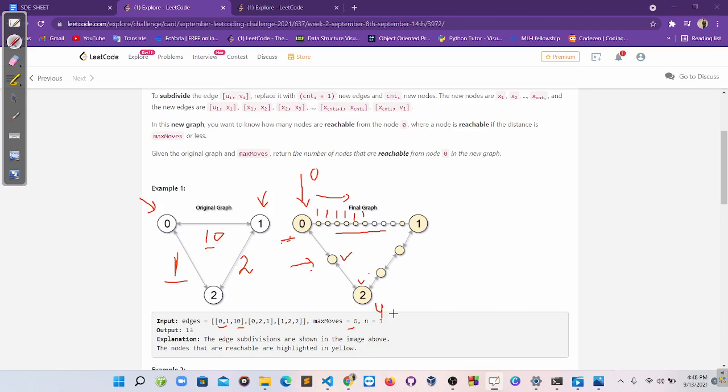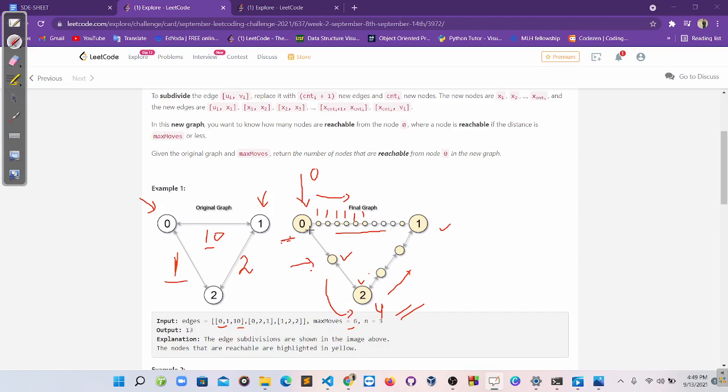It means whatever the remaining moves we have, we can also explore from that node if and only if we have some edges to explore. You can see from 2 to 1, the 0 is connected with 1 via 2.